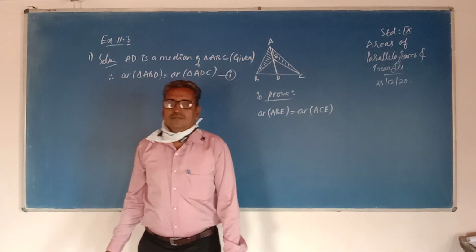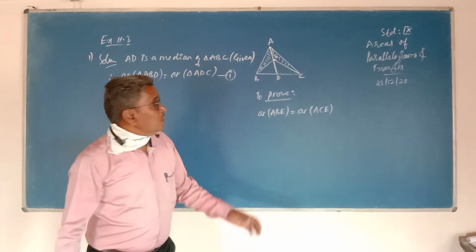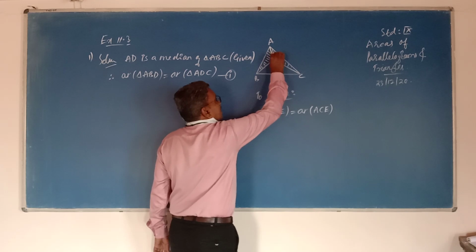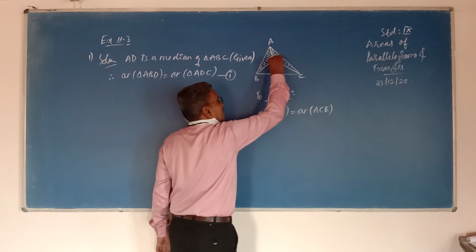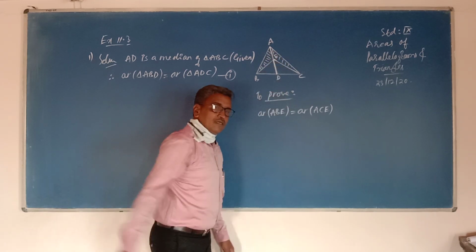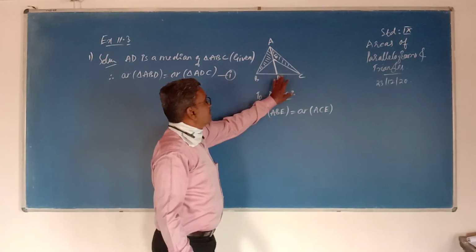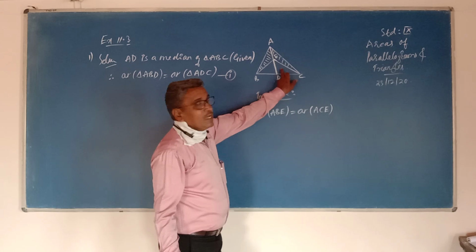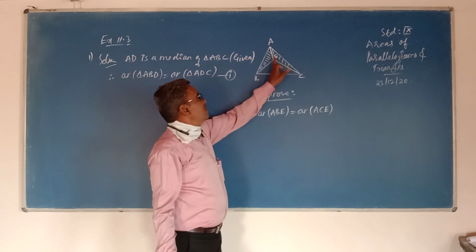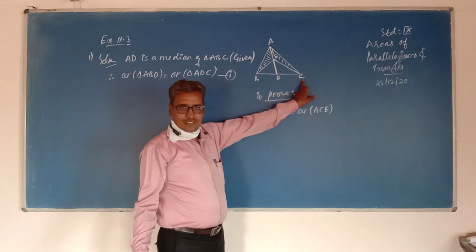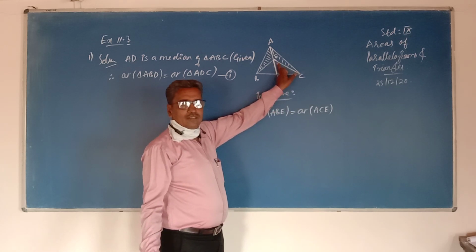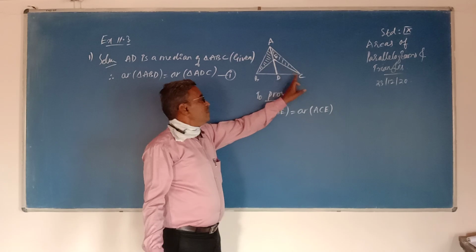Here AD is the median. What about ED? ED is also a median of what? ED is the median of triangle EBC. ED is also part of AD, so ED is the median of triangle EBC.